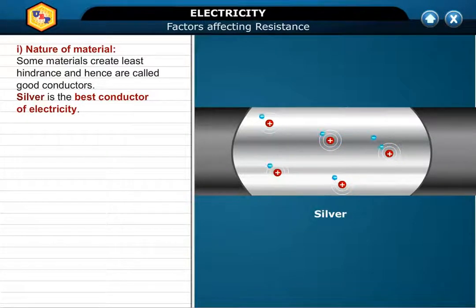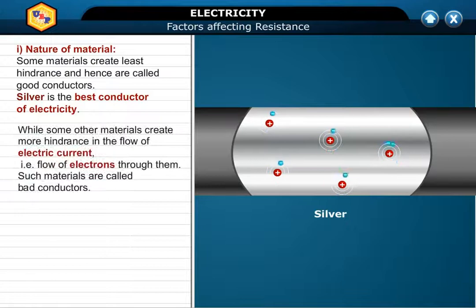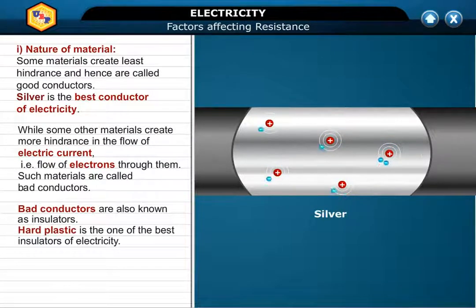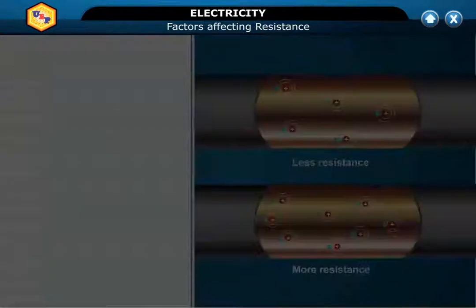Silver is the best conductor of electricity, while some other materials create more hindrance in the flow of electric current, that is, flow of electrons through them. Such materials are called bad conductors. Bad conductors are also known as insulators. Hard plastic is one of the best insulators of electricity.